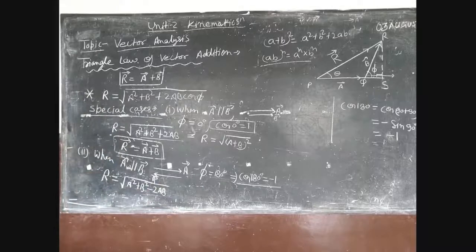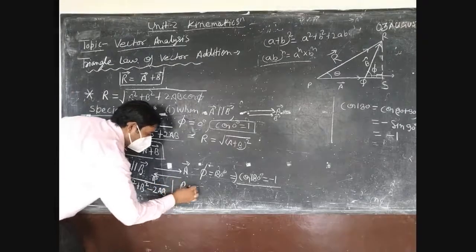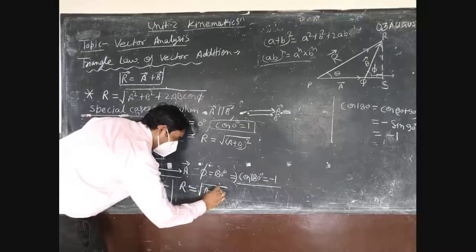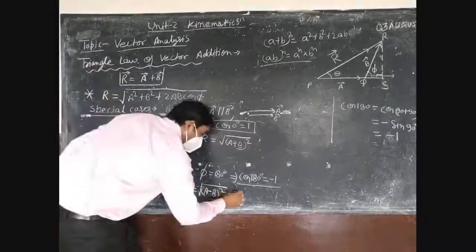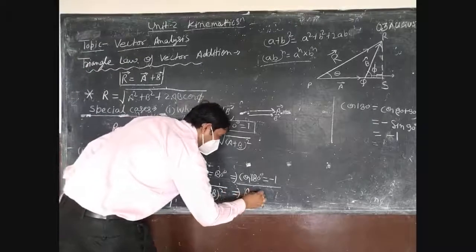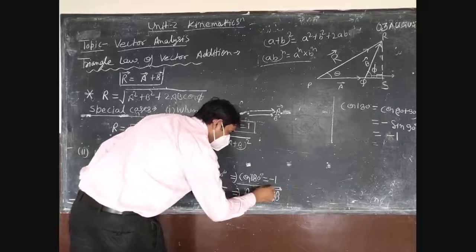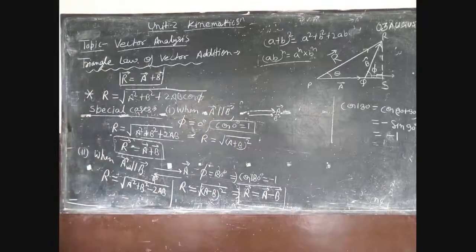Now this is the formula of (A minus B) whole squared. Therefore the resultant is under root (A minus B) whole squared. Now you can write it as R is equal to vector A minus vector B. This is how we use the triangle rule for subtracting two vectors.